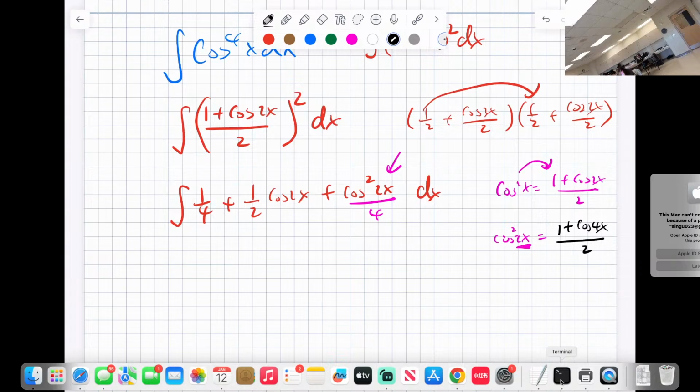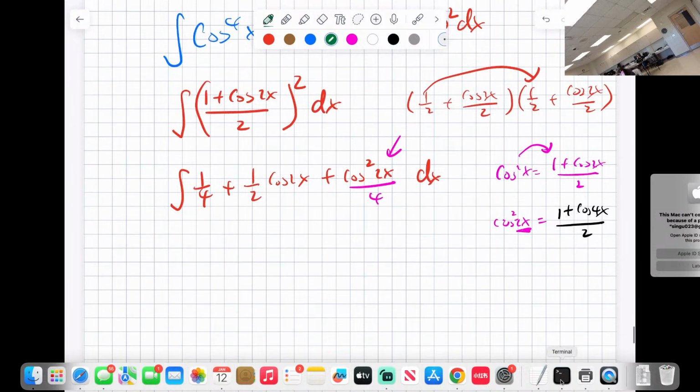Is that okay? So now it's just algebra. Sorry, it's a lot of algebra here. And this one is going to be 1/4, then 1 plus cosine of 4x all over 2 dx.